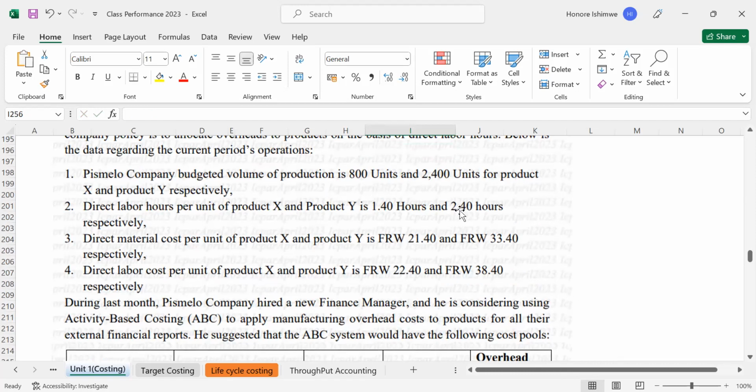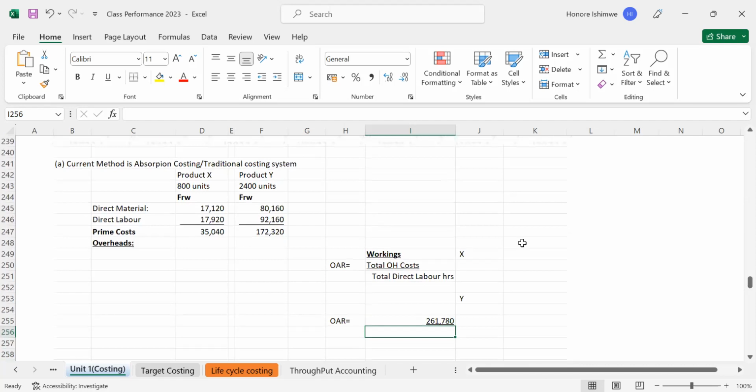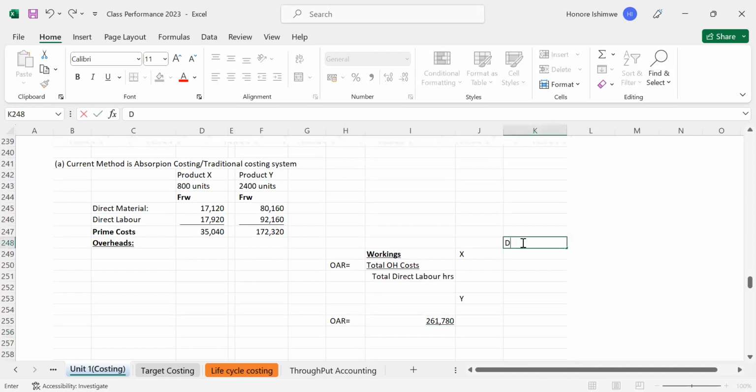It is 1.4 and 2.4, which means this 1.4 goes to produce 1 unit of X. And what if we are to produce 800 units? What will be the hours required? You have to multiply. Let me determine the direct labor hours.